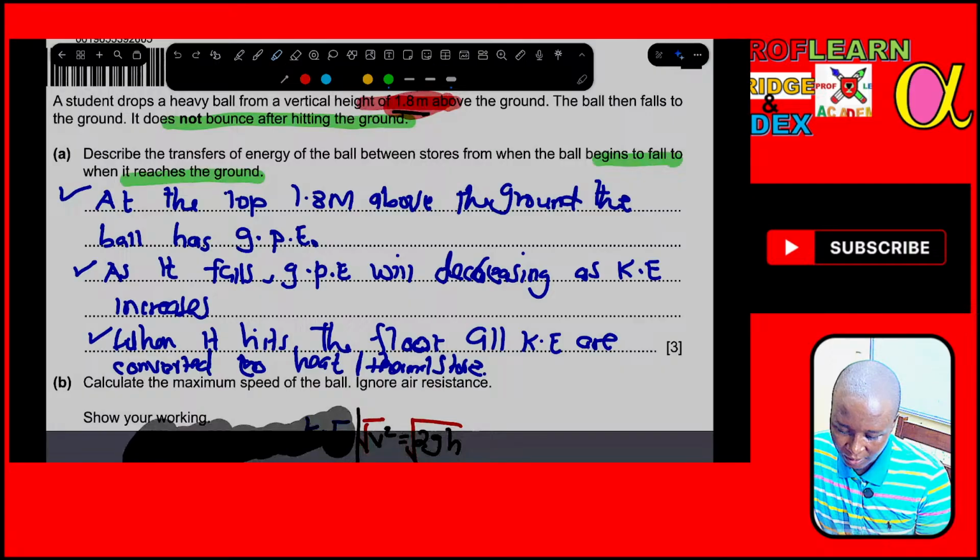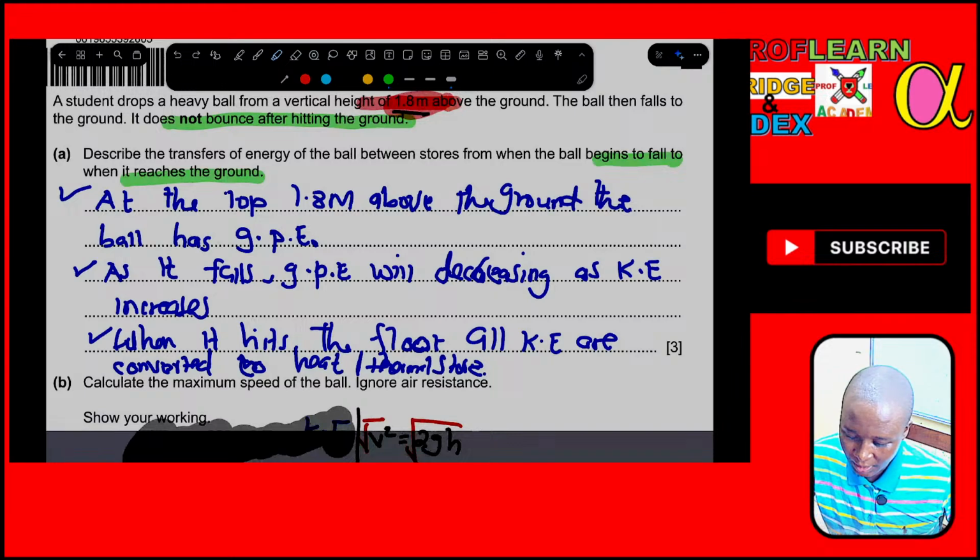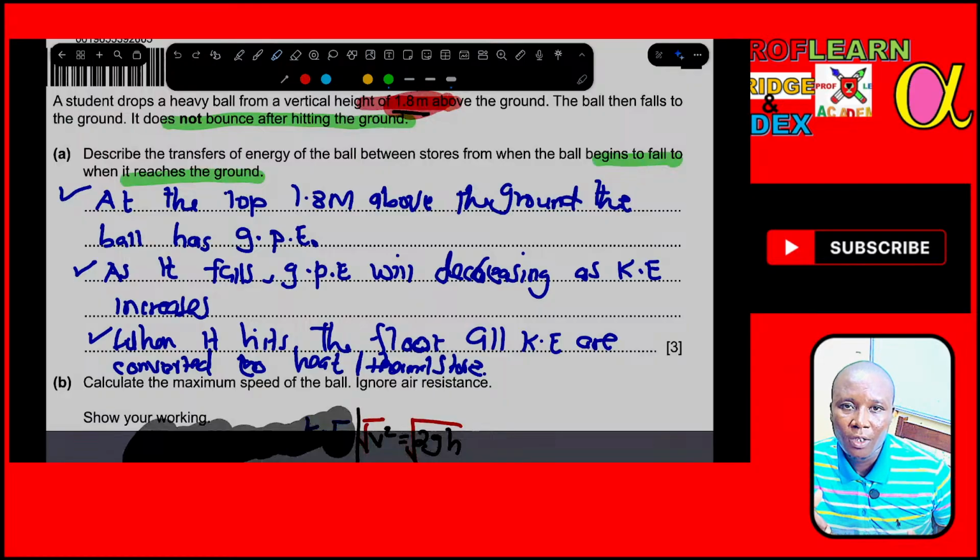That means that when the object is at that particular height of 1.8 meters, the object has gravitational potential energy. The moment the object starts falling down, the potential energy will be converted to kinetic energy.